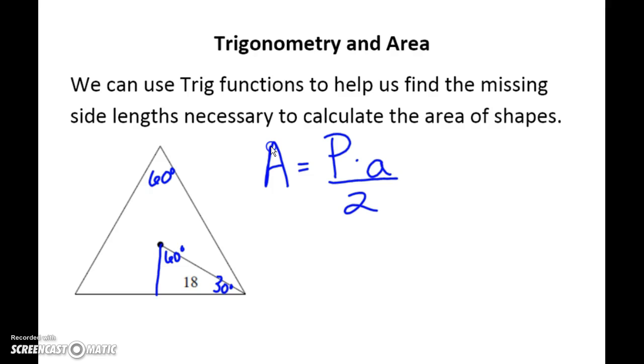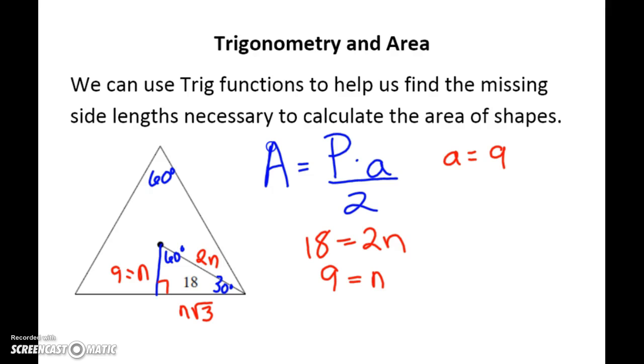So if we remember our ratios, we have n across from 30, 2n is my hypotenuse, and n square root 3 is the side across from 60 degrees. Now, 18 equals 2n, so n must be 9. Well, if you look here, if n is 9, that's my apothem.